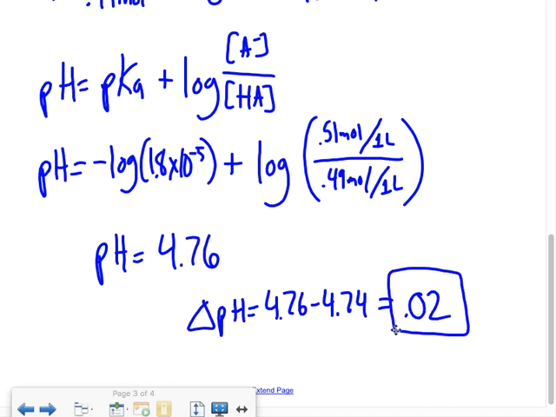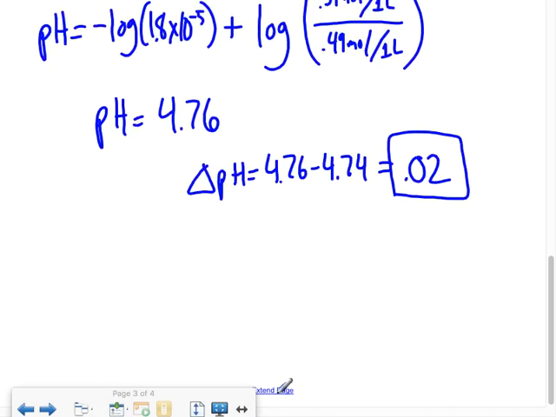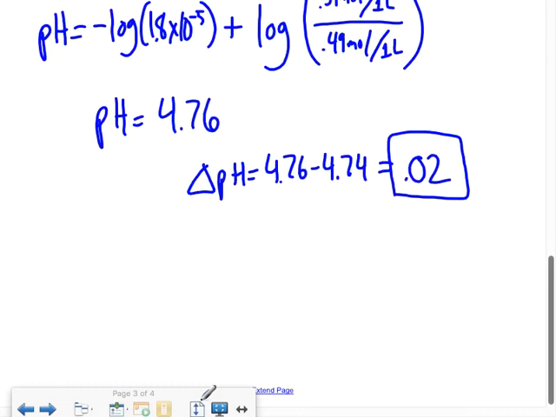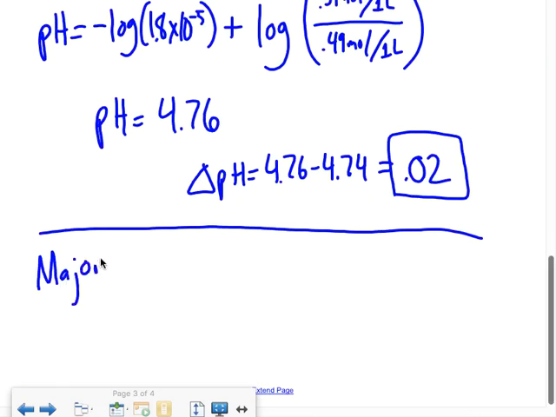But let's see how significant this is. How does that compare to if we just had water and we added the same amount of sodium hydroxide to the water? Well, for water plus sodium hydroxide, our major species would be the sodium hydroxide dissociated and the water.